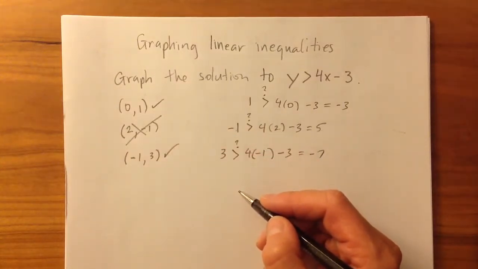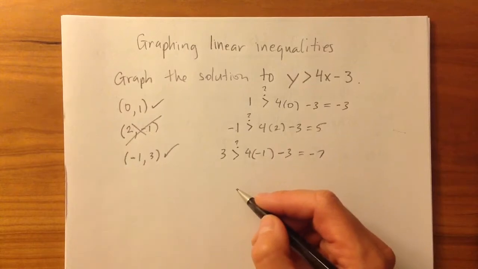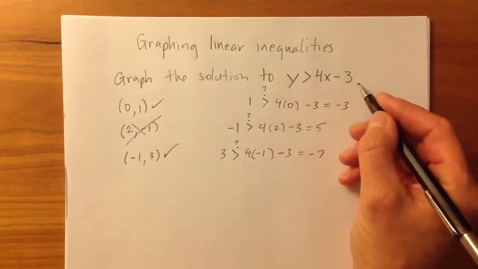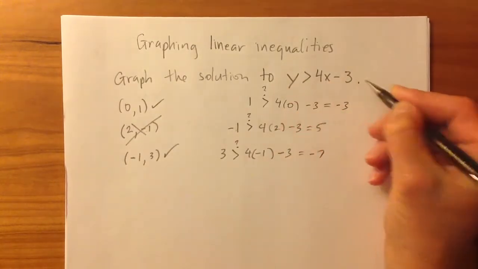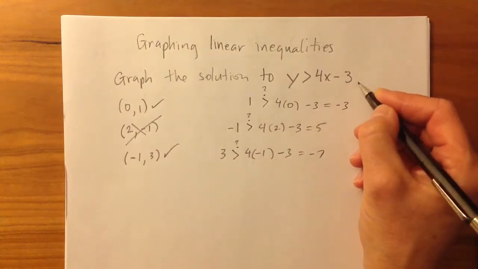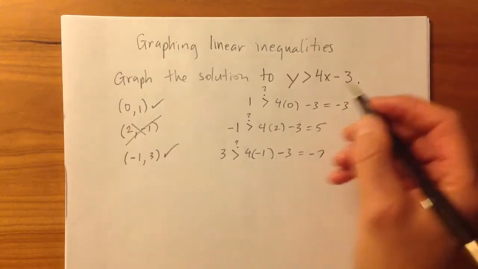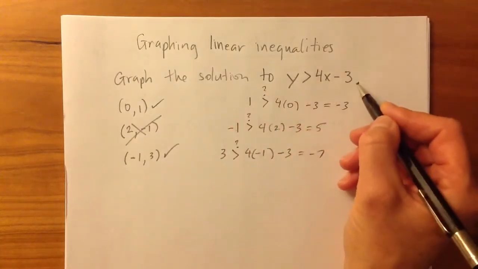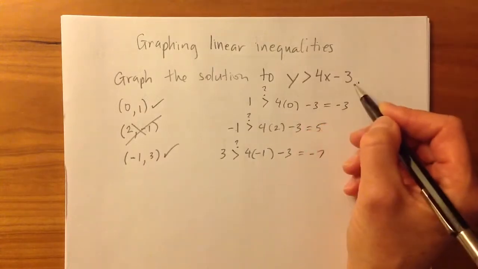So in fact, it turns out that we're going to have infinitely many solutions to this inequality. So the best way we can represent the set of all solutions is to graph the solution. Okay, so we're going to do that now. The first step to graphing the solution to a linear inequality is to graph the line.